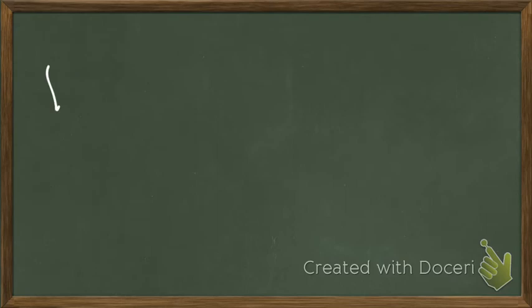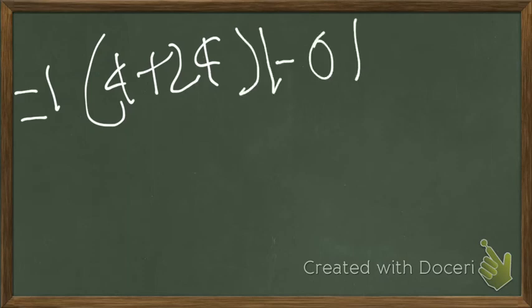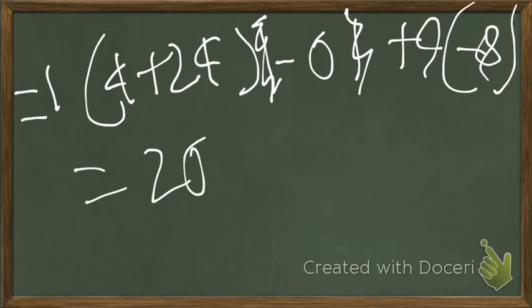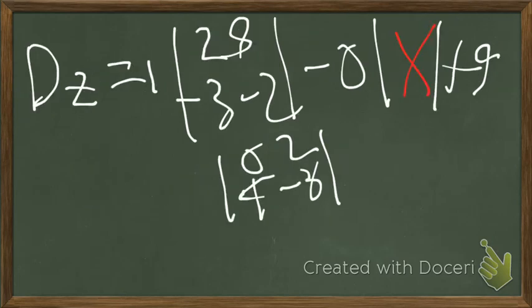We have 1 times 4 plus 24 minus 0 times, I'm backtracking. But you just subtract 0 plus 9 times negative 8, and you have 20 plus negative 72, which leaves you with dz equals negative 52.